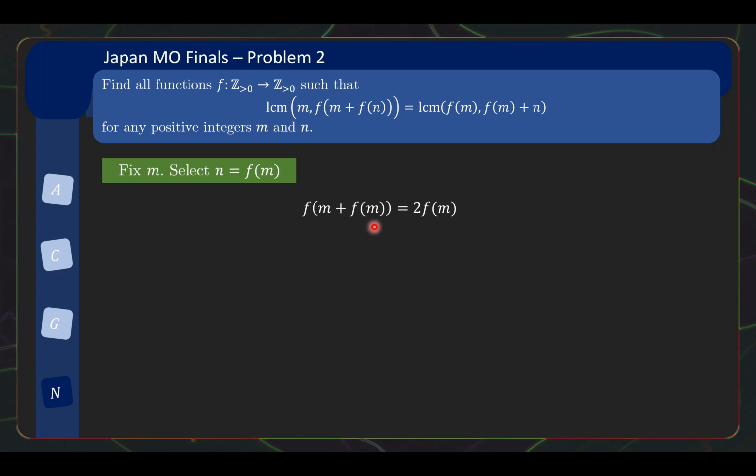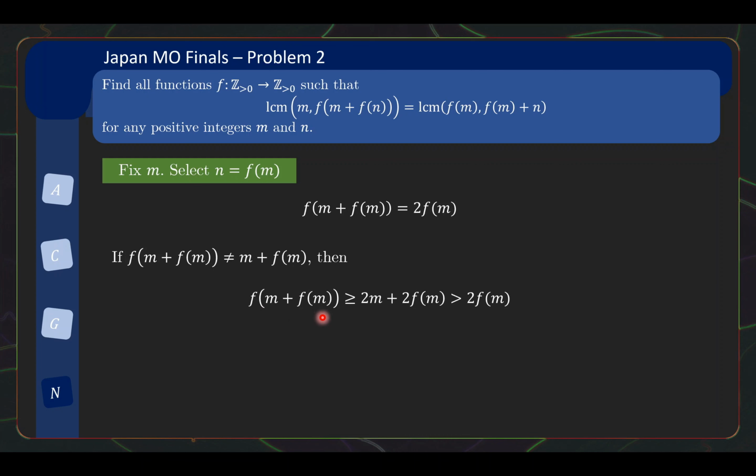And now we basically just play the same game. This time the game we're playing is, what if f of m plus fn, this left hand side, is not equal to m plus fn itself? Then, once again, we know that f of that thing will be at least twice that thing. And once again, this thing is strictly bigger than 2fm.